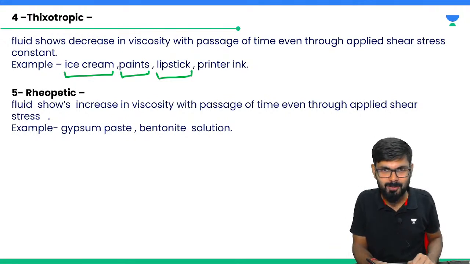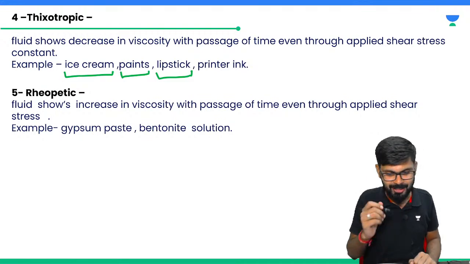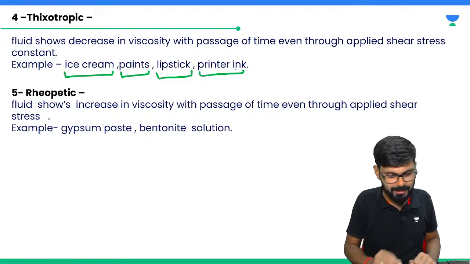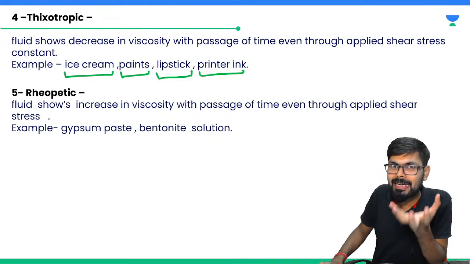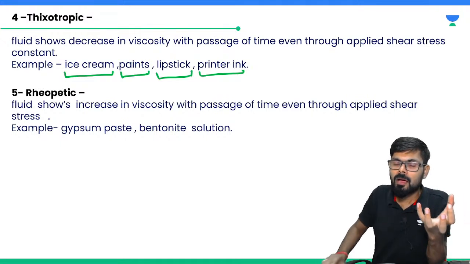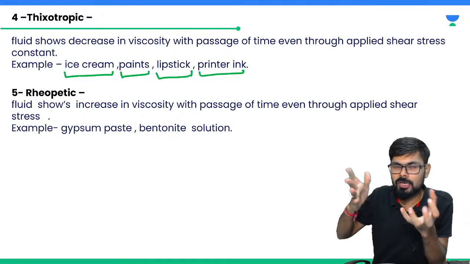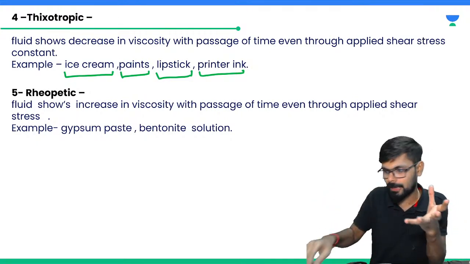I will tell you what type of experiment you require. Printer ink. Now see, don't think that if paint is there and you leave the paint, then automatically the viscosity will increase or something. No, that I'm not talking about. I'm talking about passage of time.